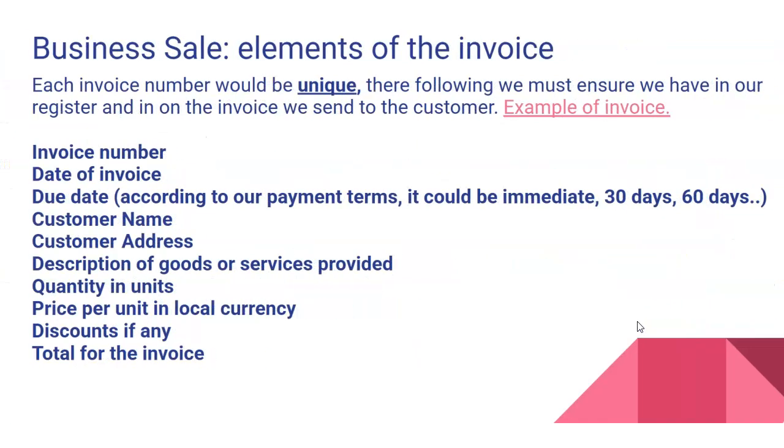Before we move on to other important business transactions, please have a look at this slide. And also I suggest you print this slide for your information, because it's very important to check what is on the sales invoice or what is on the purchase invoice for that matter. First of all, each invoice number, and as you can see, this is the first item on this list, has to be unique.